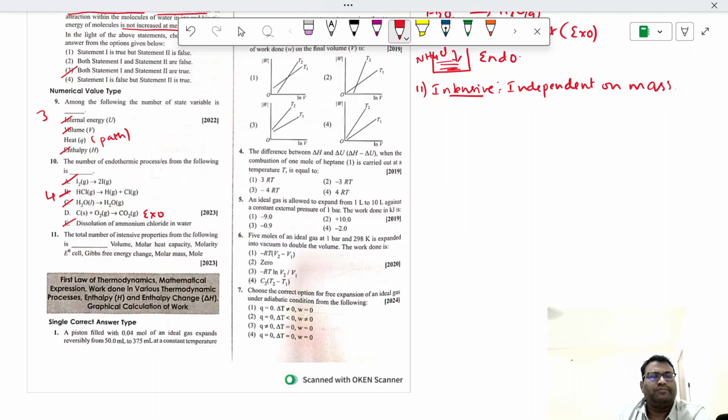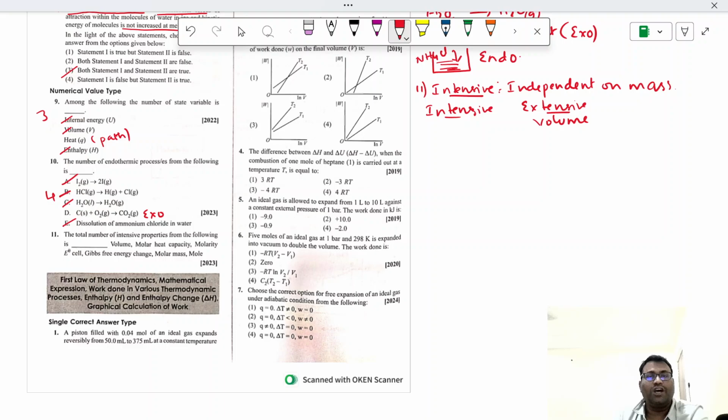So volume here, let us go with extensive. Volume depends upon the mass of the substance, so it is extensive.